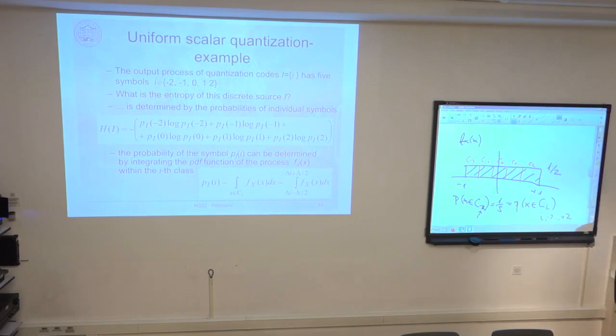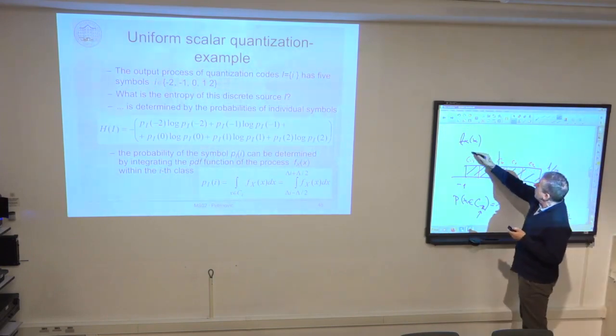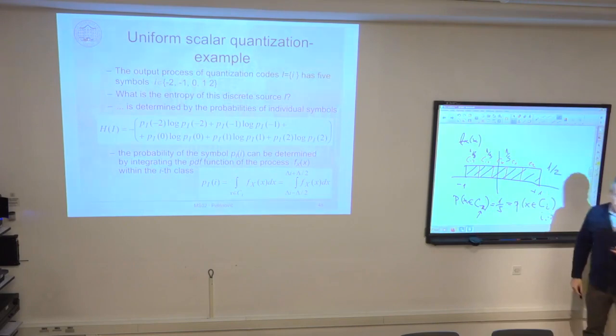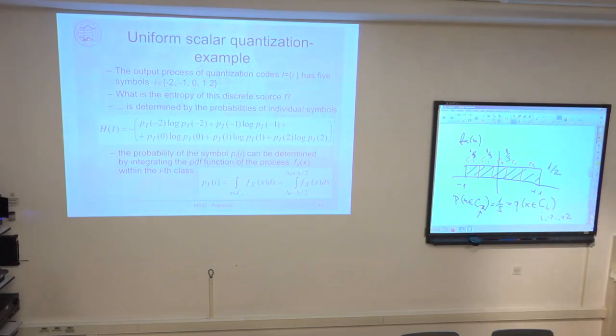So the probability for each of these potential symbols is 1/5. This 1/5 is the integral of this PDF in the range from the lower bound to the upper bound. Okay.